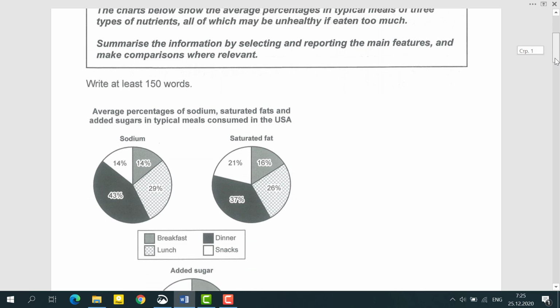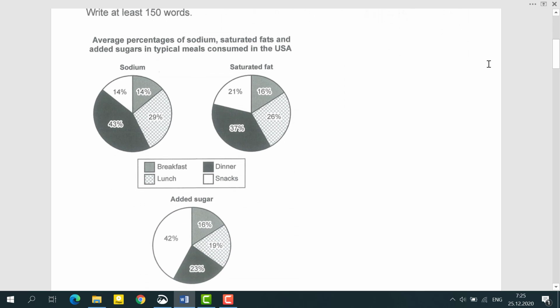Okay, now we need to look at these 3 pie charts, and our job is to be able to compare and contrast data. Here we have average percentages of sodium, saturated fats, and added sugars in typical meals consumed in the USA.